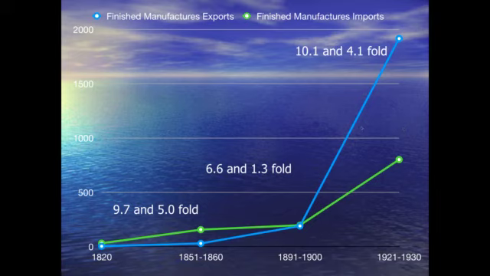Finished manufacturers: you can see that there's a huge difference here, especially when we take a look at the end of the 1800s and moving into the beginning of the 1900s. With finished manufactured exports versus imports, the exports are growing much more quickly than imports, tenfold versus a 4.1-fold increase for finished manufactured imports.